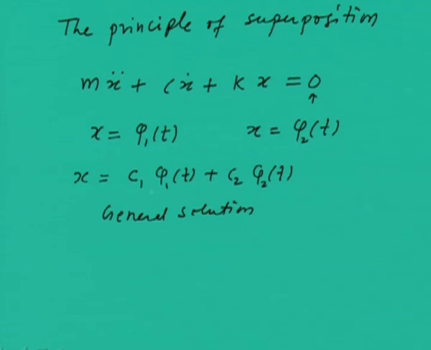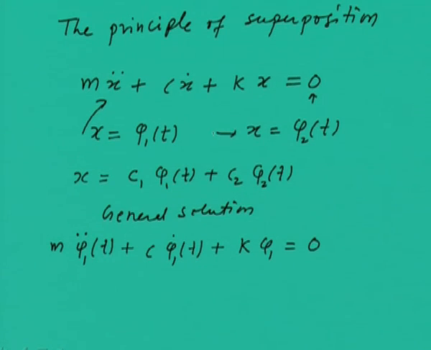Now we will see how this is a general solution. So let us first satisfy the first solution onto the differential equation. So we will get this, then we have the second term, and so we have satisfied the first solution.